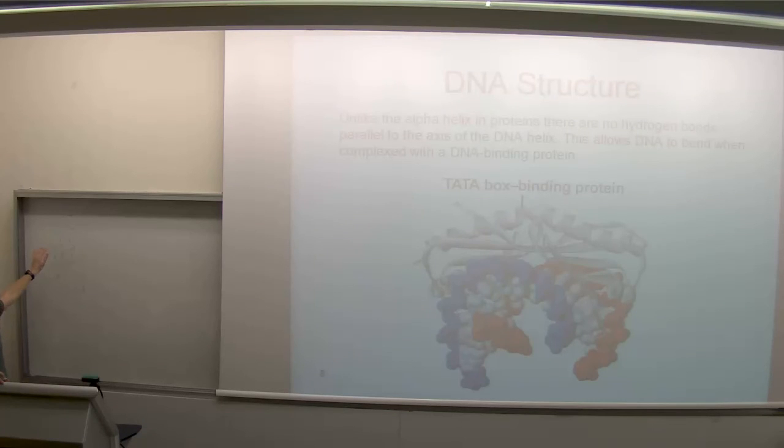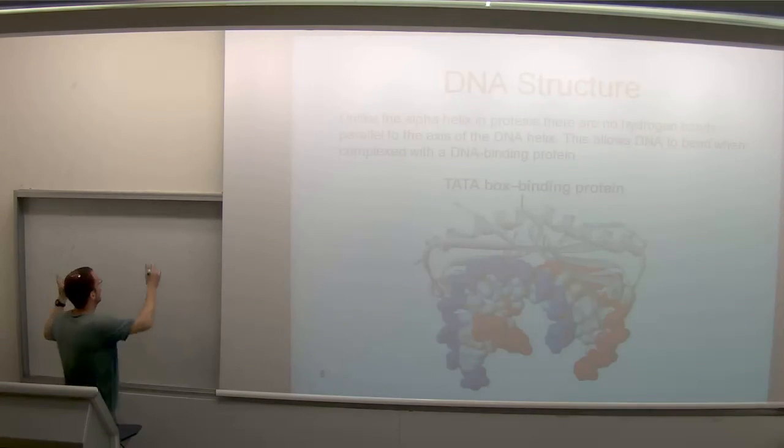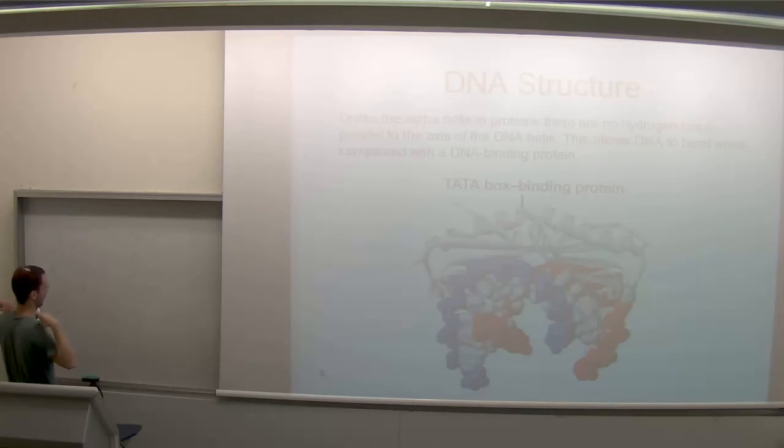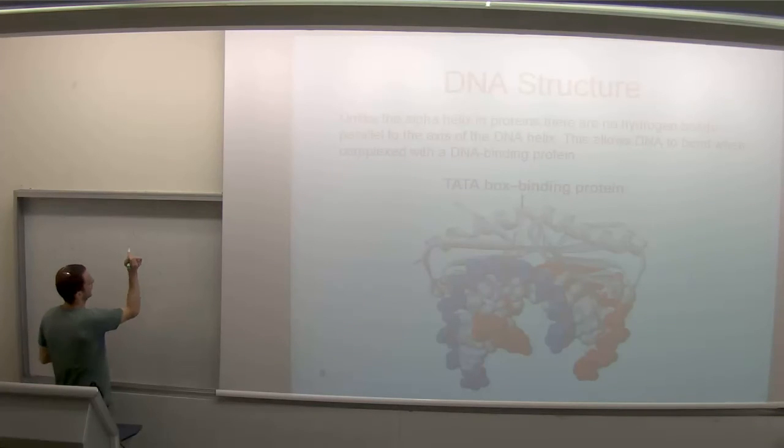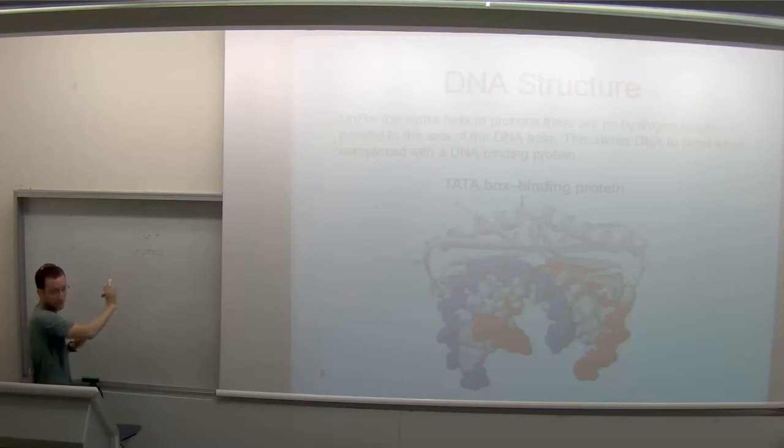And now I tell you that we also have a DNA alpha helix, but it has very distinct properties from that of the alpha helix found in proteins. The major property that makes these two structures very different from one another is that the interactions here in the DNA are not parallel to this axis, but rather perpendicular, right? The Watson-Crick interactions were between nucleotides that face each other from both sides of the DNA double helix.